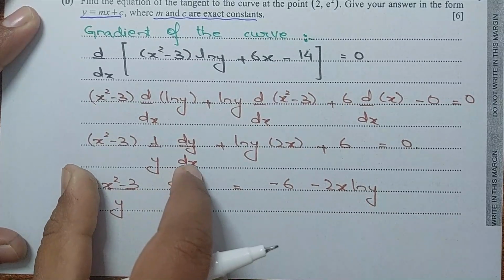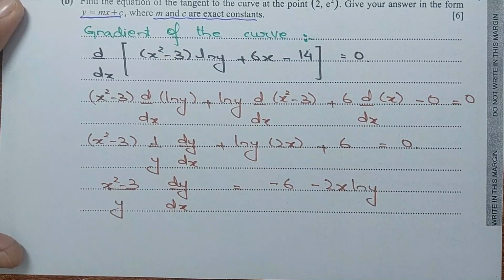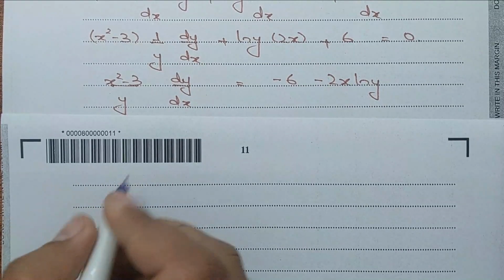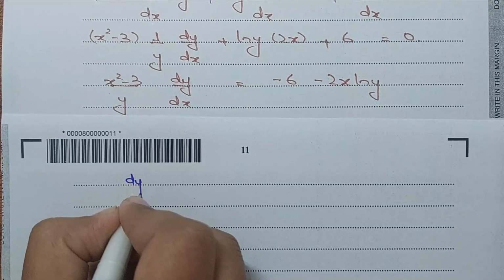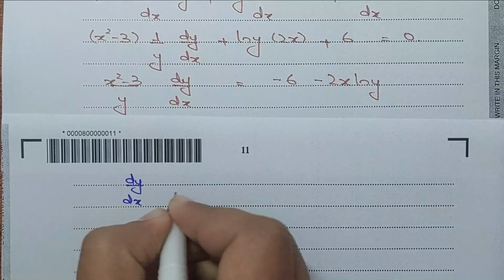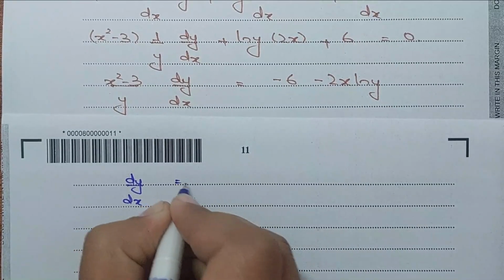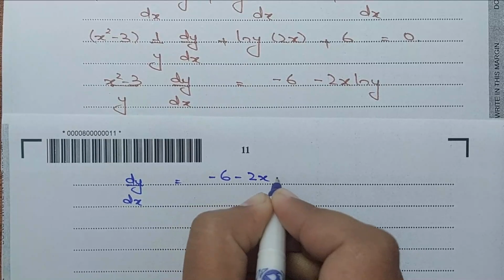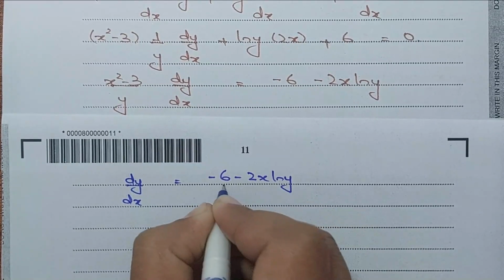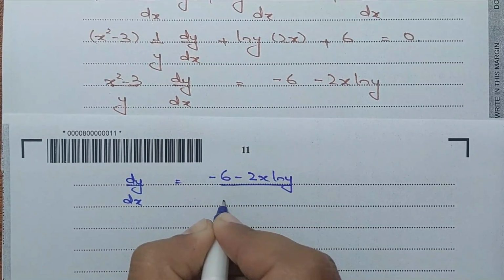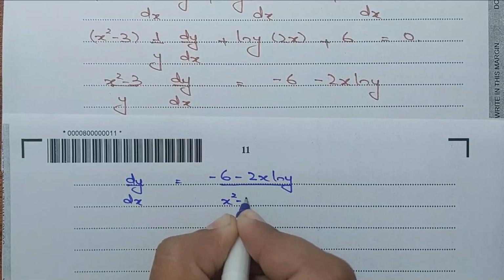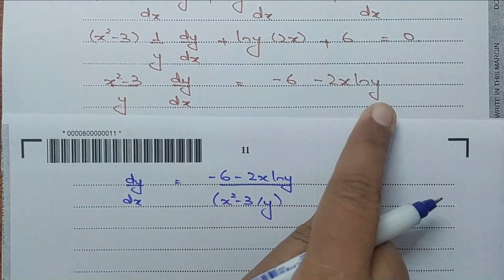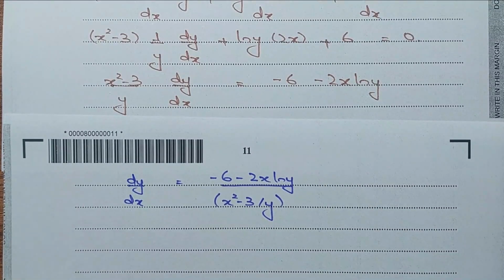I combined the dy by dx term and the constants are on the other side, right? Okay, further simplification, we have dy over dx equals minus 6 minus 2x ln y, divided by x square minus 3 over y. This term goes in the denominator, right? So this is the gradient.